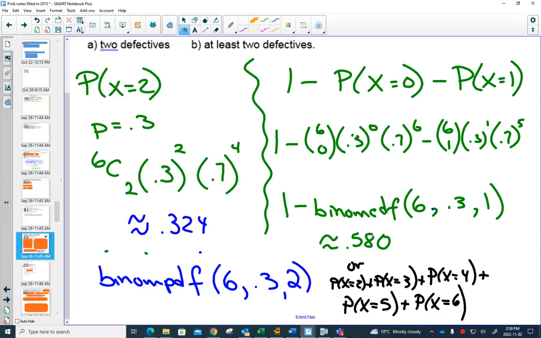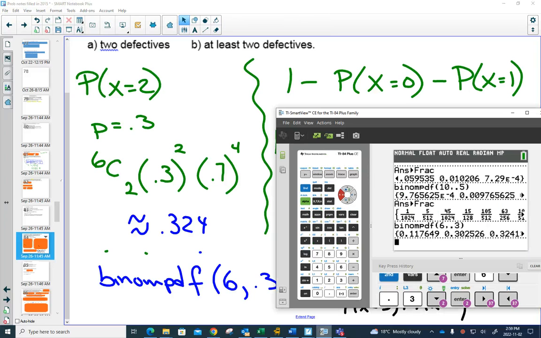Mathematically, subtracting is less work. And then this introduces on your calculator the letter C. Your calculator also has adding them up built into it. So we've got our answers from our calculator there with binomial PDF.